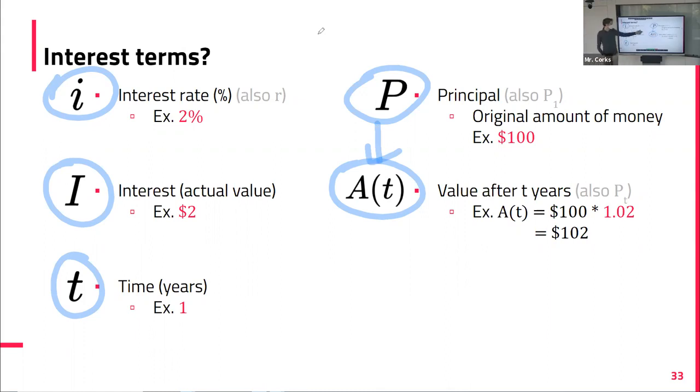Your principal plus some amount of interest gives you that value, after 1 year, or after 5 years, or whatever. We'll see two basic types, simple interest and compound interest. We'll look at the formulas next time, and we'll see how those are very connected to these arithmetic and geometric sequences and series.